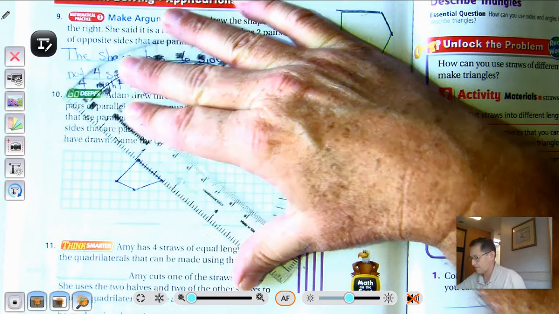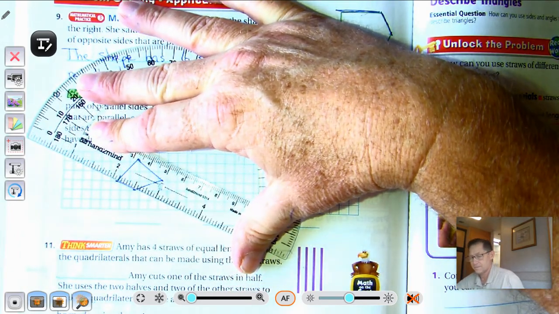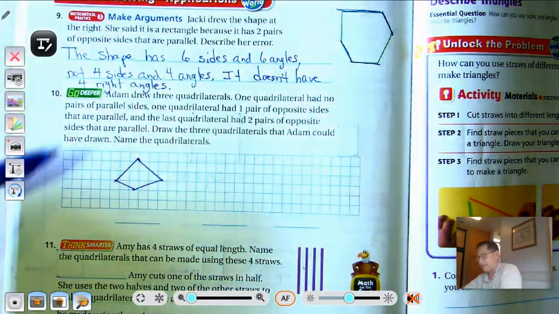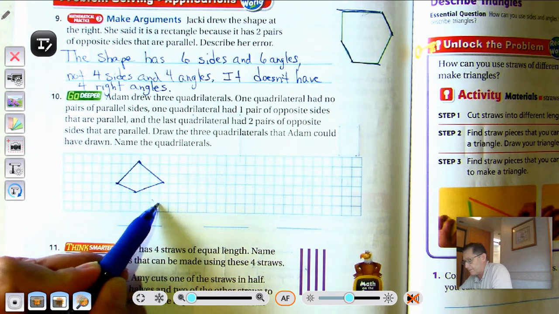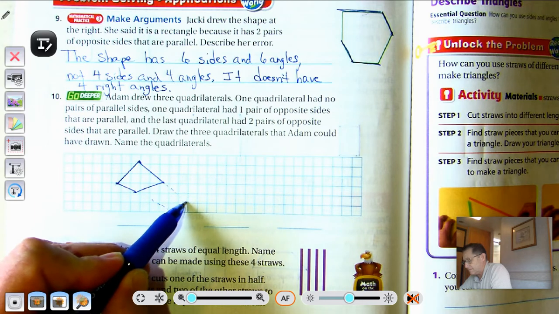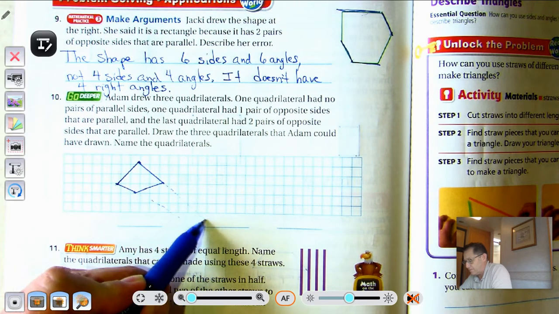I was just checking to see if it would cross eventually. So I extended it out into space. See how they're starting to get closer the further I go.